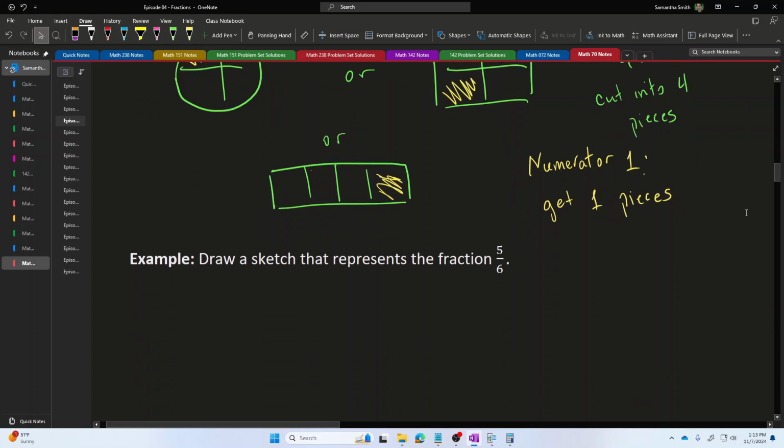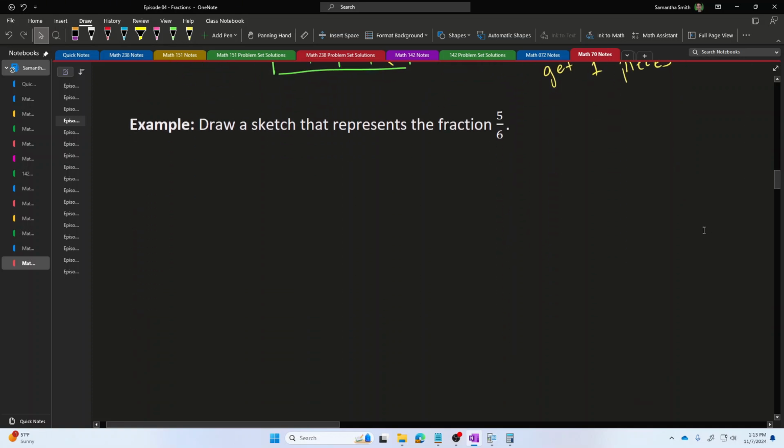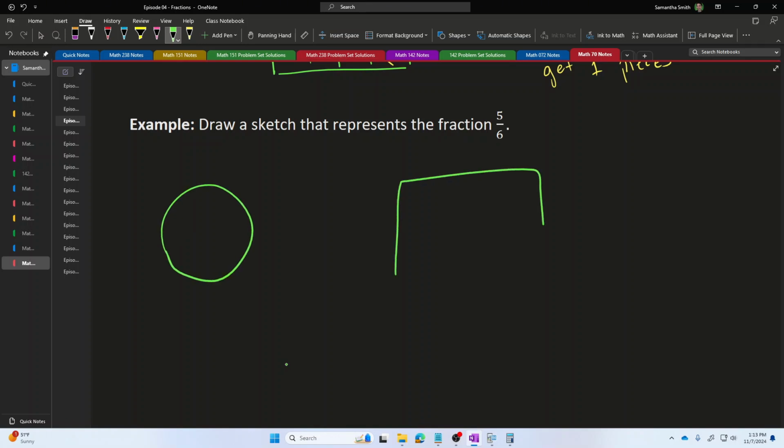Or someone could say, draw a sketch that represents 5 over 6, the fraction 5 over 6. So I could do a bunch of different things here. Just start with some object, like a square or a circle. And since the denominator is 6, I'm going to go ahead and cut that object into 6 pieces.